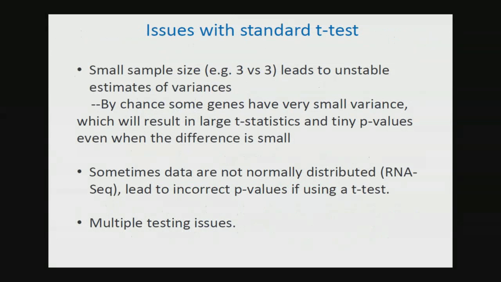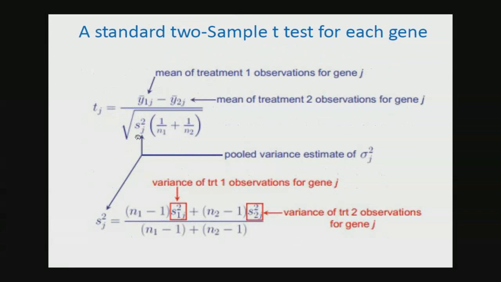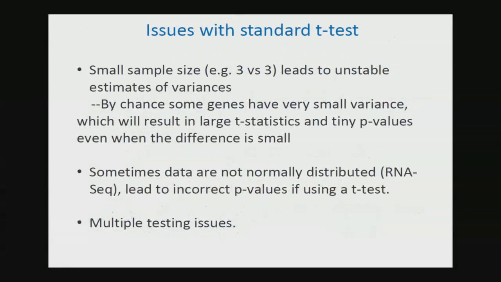Because by chance, some genes have very small variance, even if the difference is very, very small, almost like no change. And by doing this test statistic calculation, you have a small value at the denominator that could make your test statistic huge. But in fact, it's not much of a difference, and we would not be interested in those kinds of genes, right?